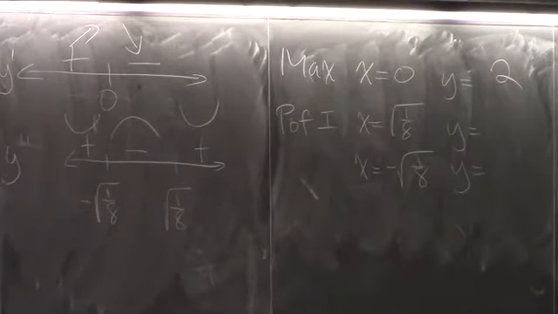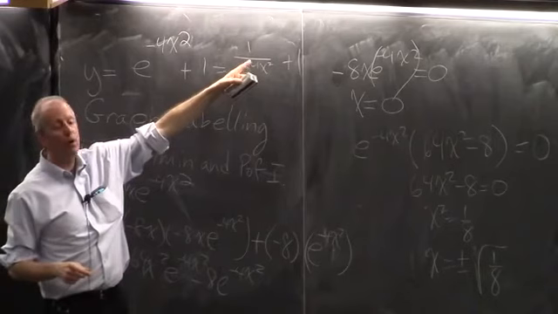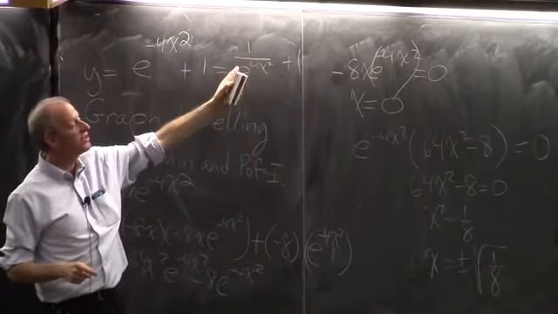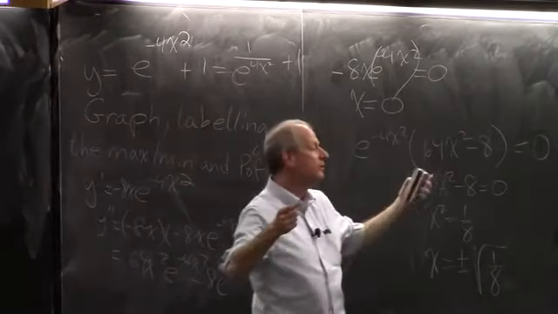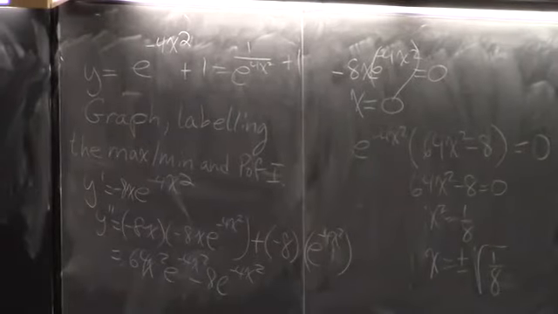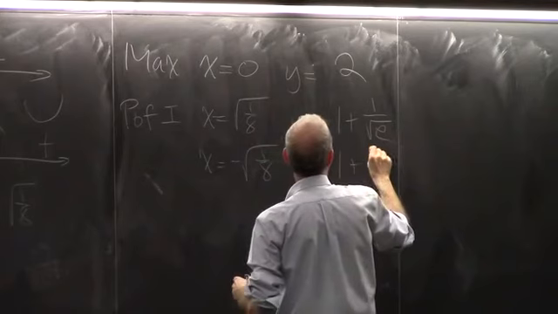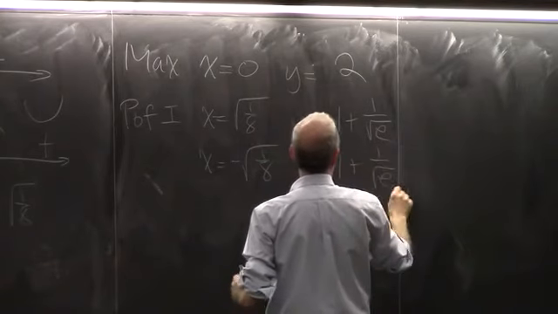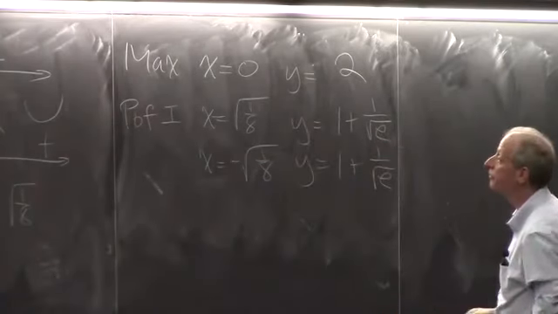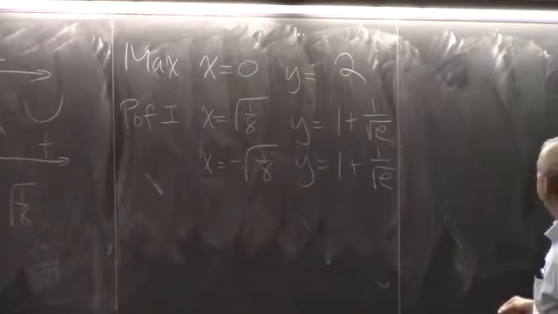When you plug in the square root of an eighth, you get 1 over e to the 4 times an eighth, which is e to the half, plus 1. So you get 1 plus 1 over the square root of e. And same with the negative. And then we graph it.